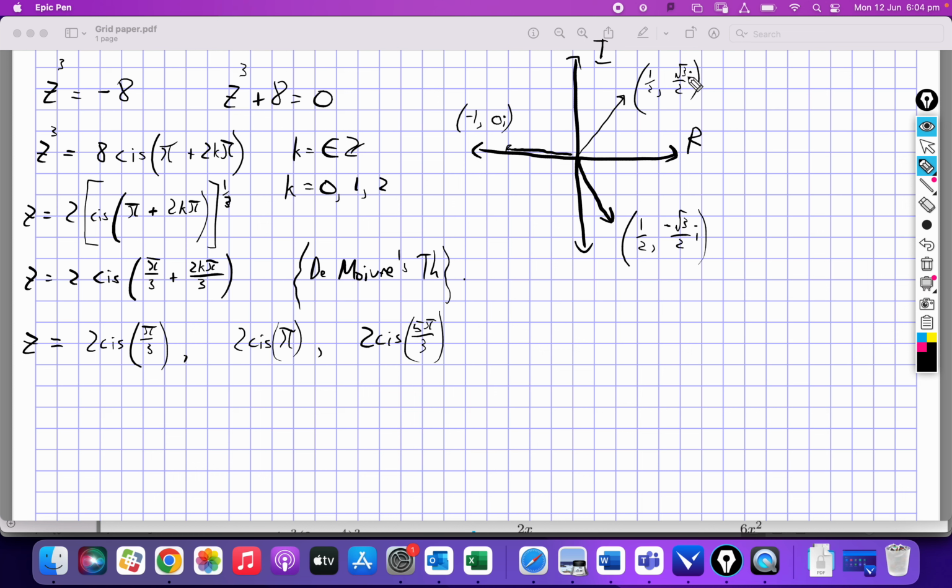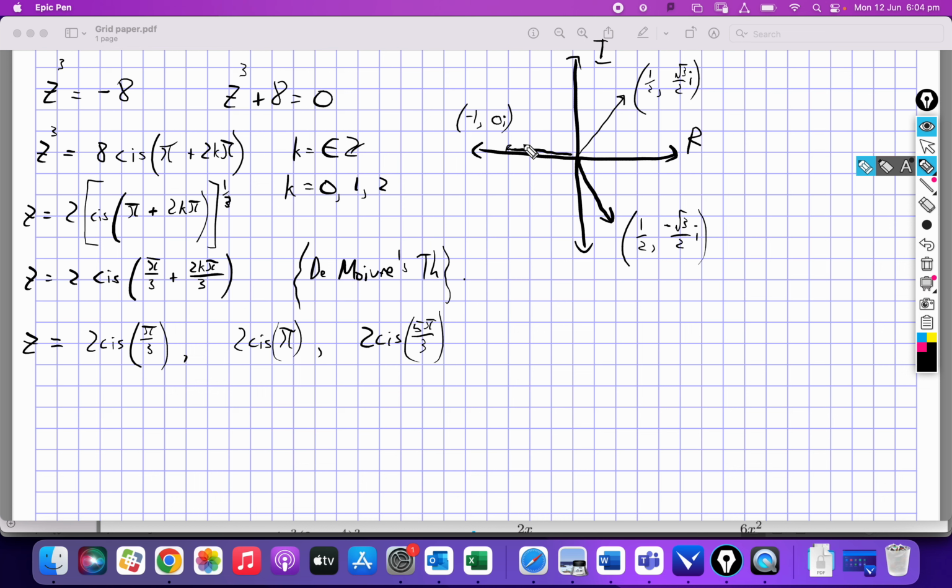Something interesting here is that these two are conjugates, so you're picking that up. We do have z and its conjugate as 2 of our roots. Something else to notice, which I discussed in the last video, is that we have 3 solutions, as you'd expect, evenly spaced on our Argand plane.